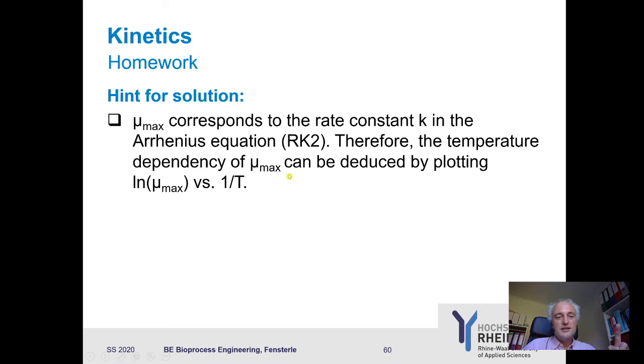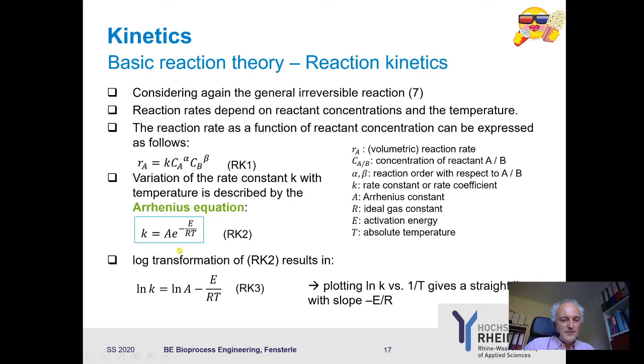So what you do is you use this Arrhenius equation we have already talked about. At the end, the Arrhenius equation gives you a temperature dependency of your rate coefficient or rate constant, and of course your specific growth rate is a rate, so you can use this term and say mu is equal to a constant times e to the exponent, and so on.